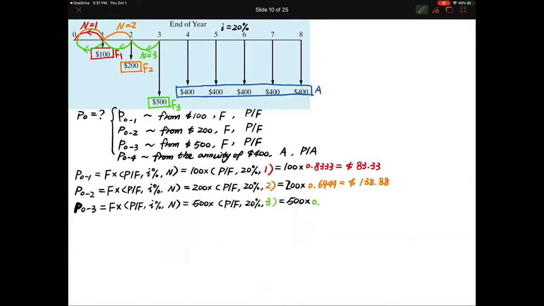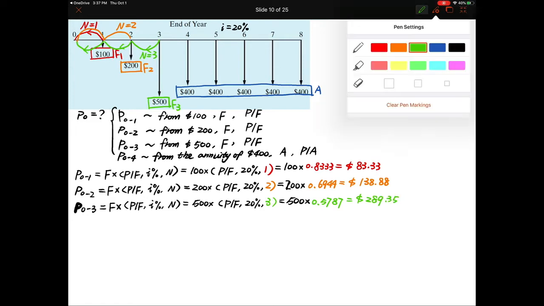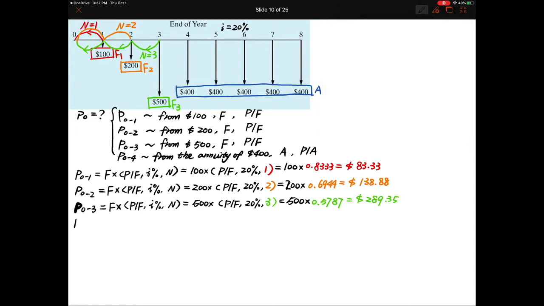So this is your new factor. So it is 0.5787. It is 289.35.